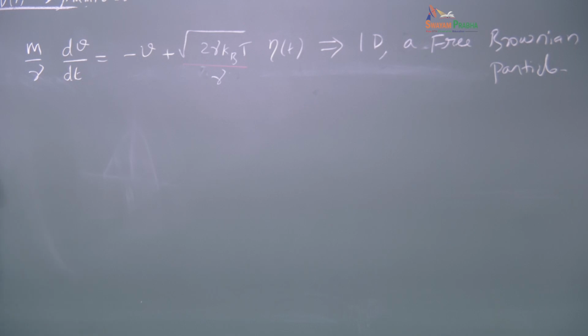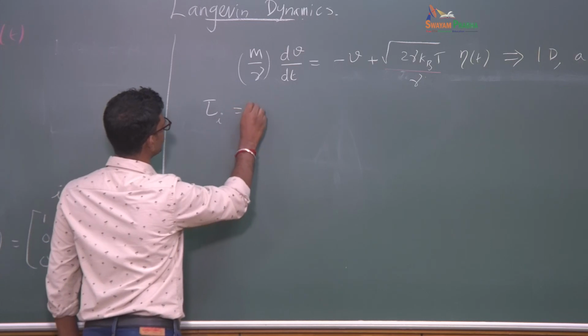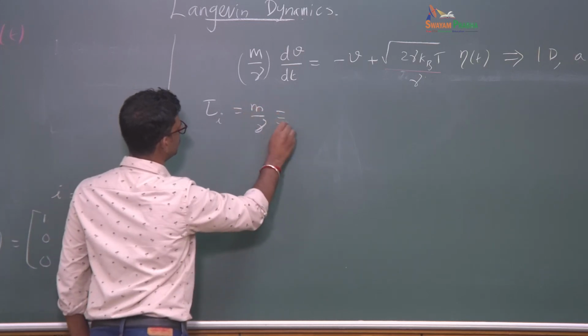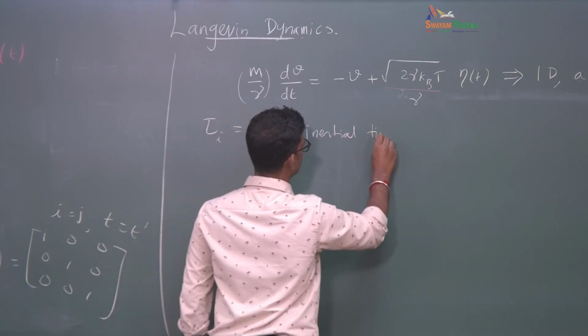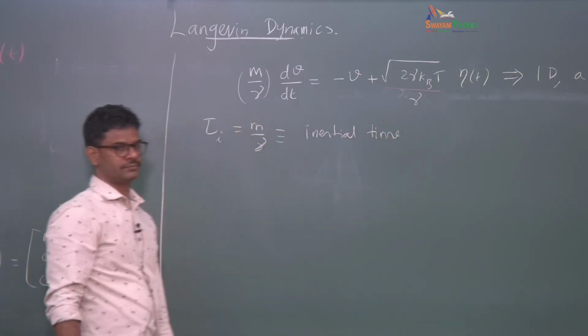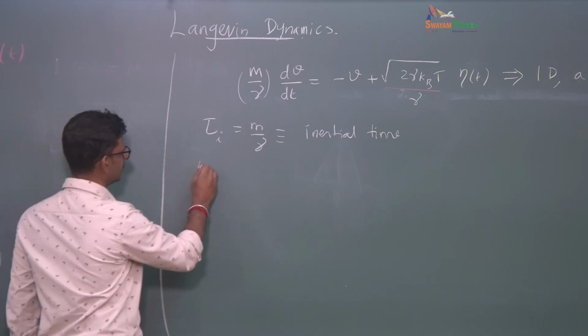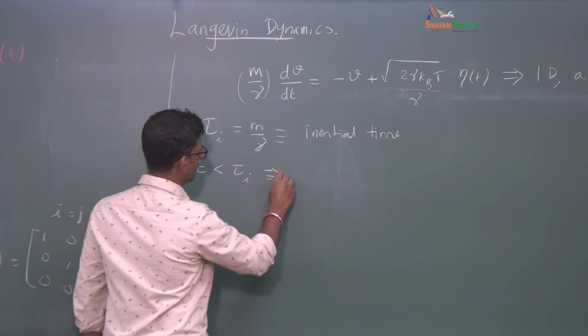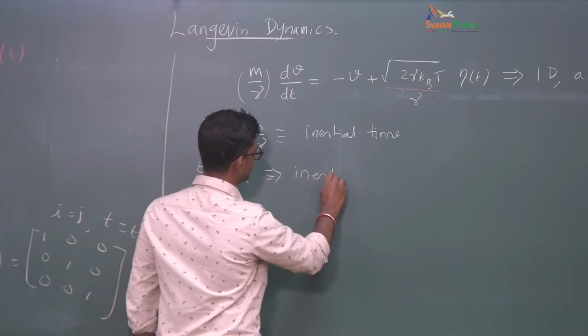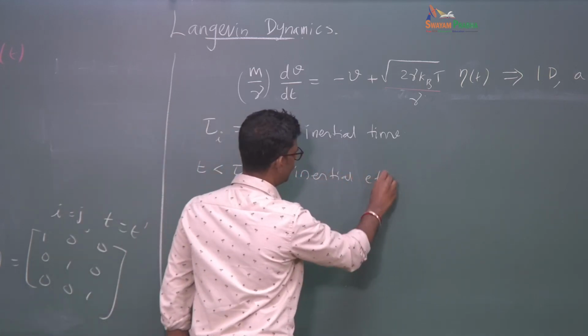So now if you look at this term, it actually has a unit of time, and this we define as the inertial time, tau I. So for time t less than tau I, inertial effects will dominate.